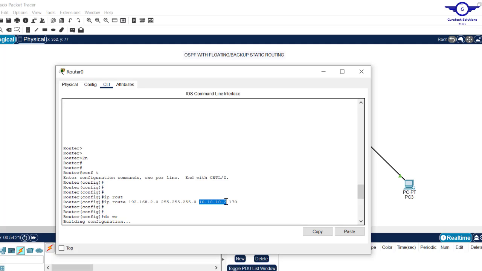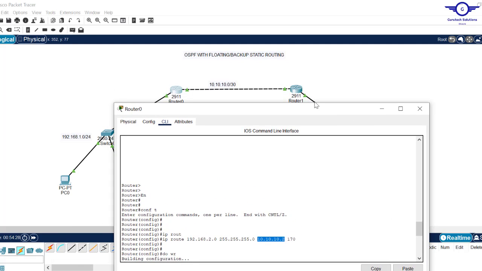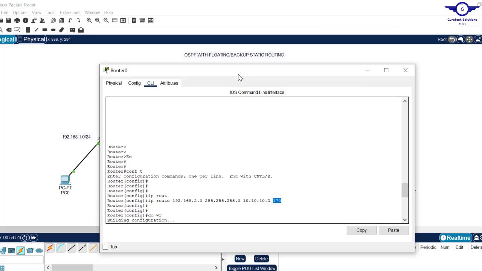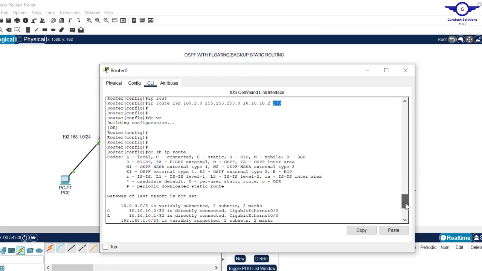The next hop IP address should be the IP address of this interface, because the next hop of this router is this one. So it should be the IP address of this interface, which is 10.10.2. Then to make it a backup, you have to give it a higher administrative distance than the normal administrative distance of OSPF.